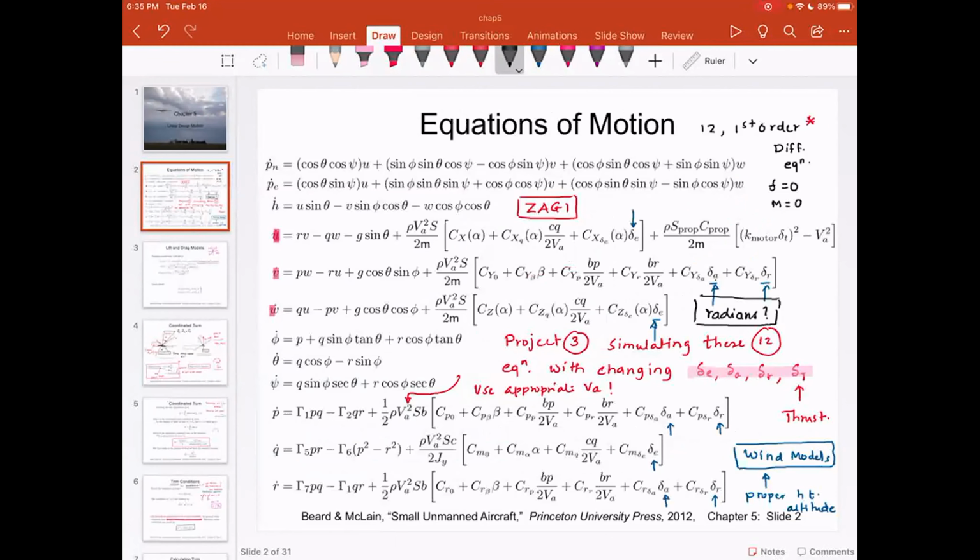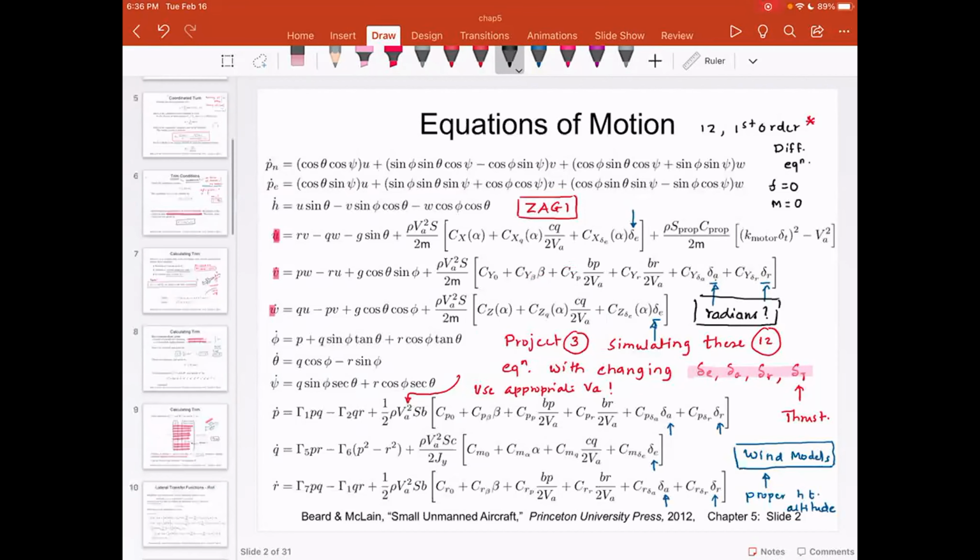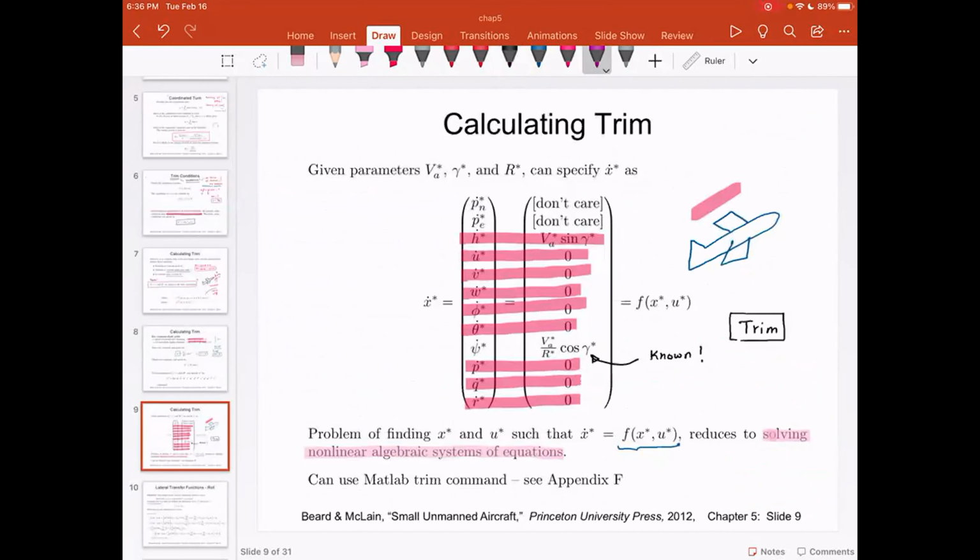And I will take an example on how to trim on a simple equation, and that will give you some help. But if you really want to know how to use the trim command, I would strongly encourage you to look at the appendix, where there is an example. Look at appendix F. There is a Simulink way of solving trim.